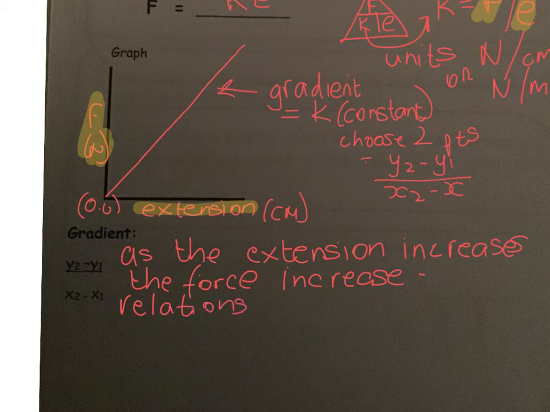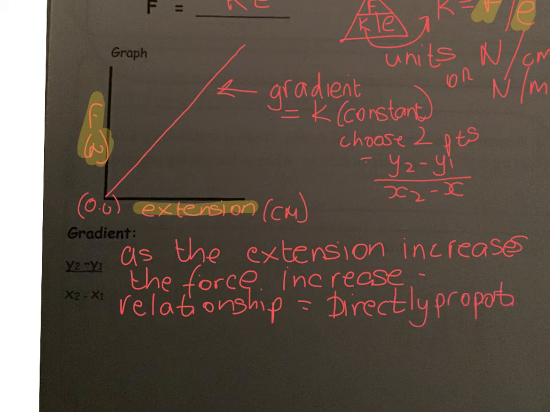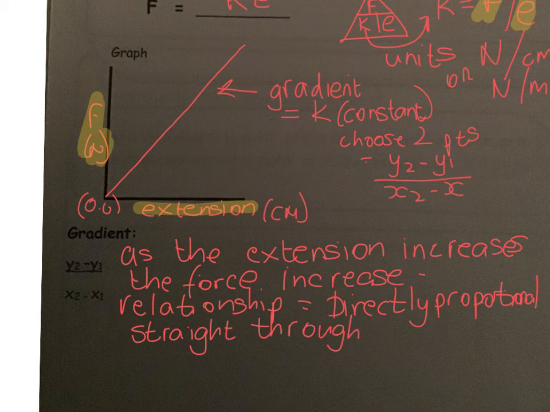You're often asked what type of relationship the graph displays, and the answer is directly proportional. We always get a straight line through the origin, and remember, the origin is 0, 0.